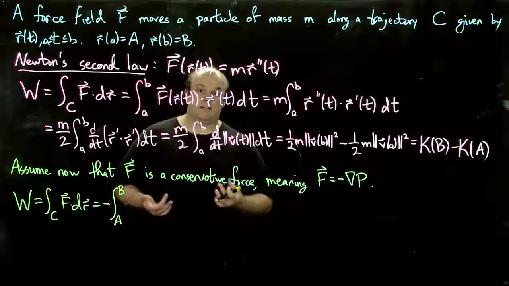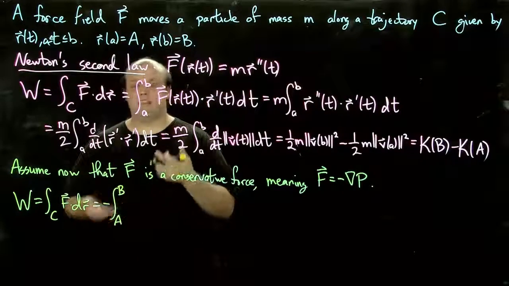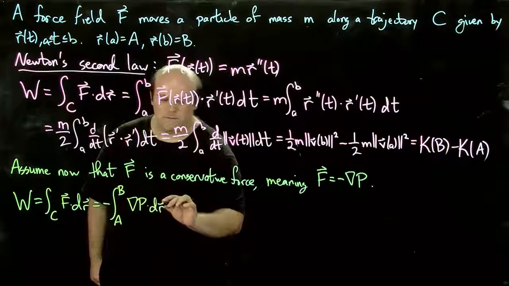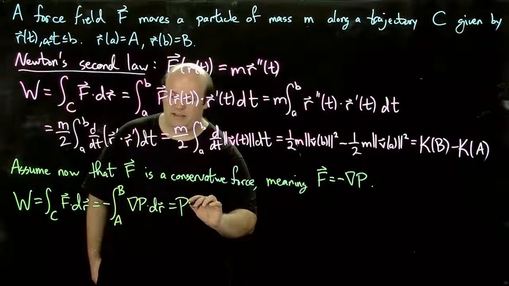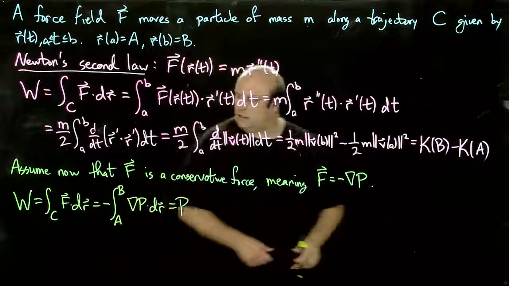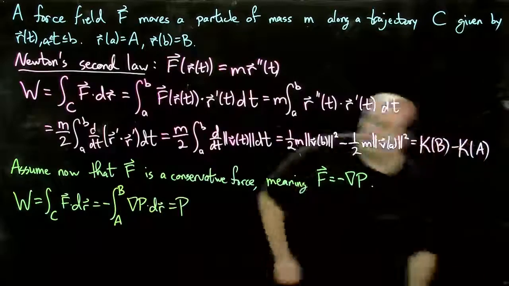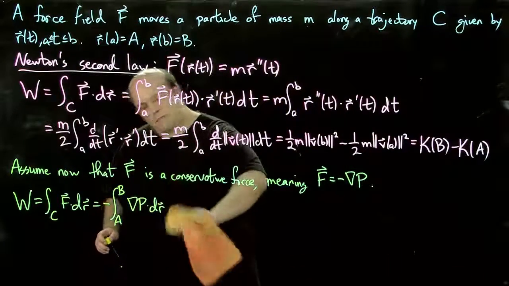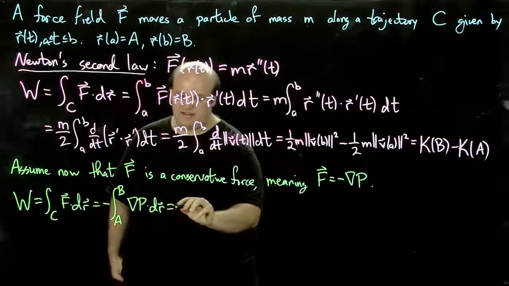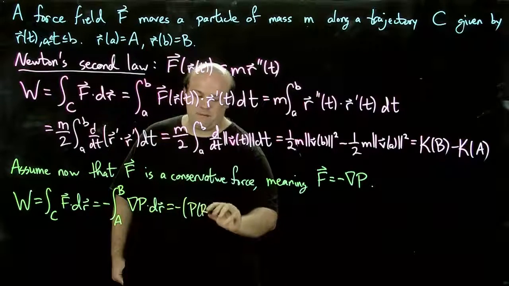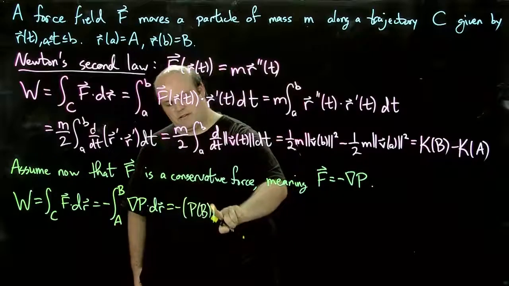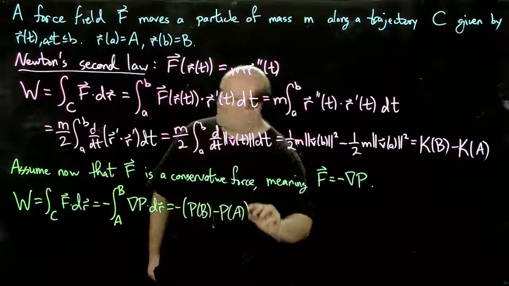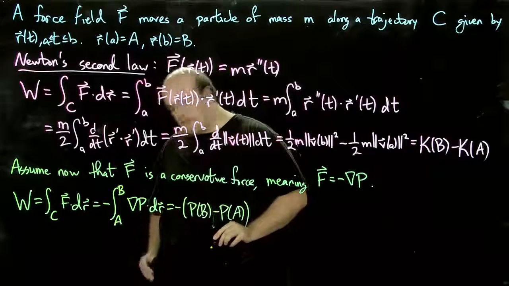Because all we really need to know about is the endpoints, right? And this is gradient of P dot dr. But we know that's P of, oops, I forgot the minus sign. All right, so that's negative P of B minus P of A. All right, still good.